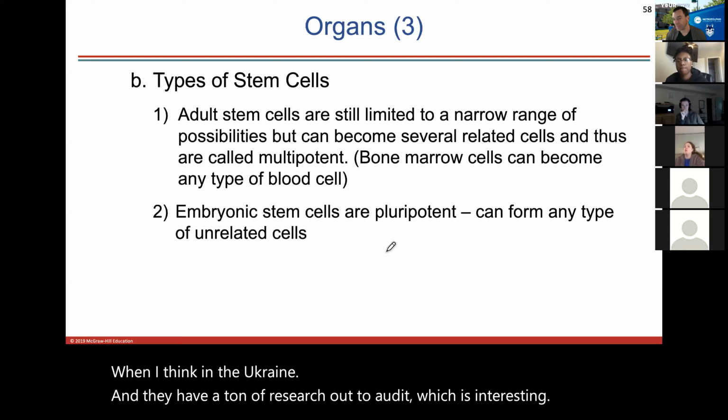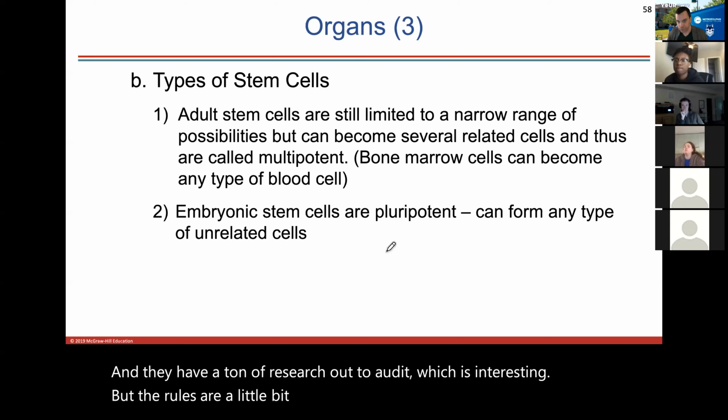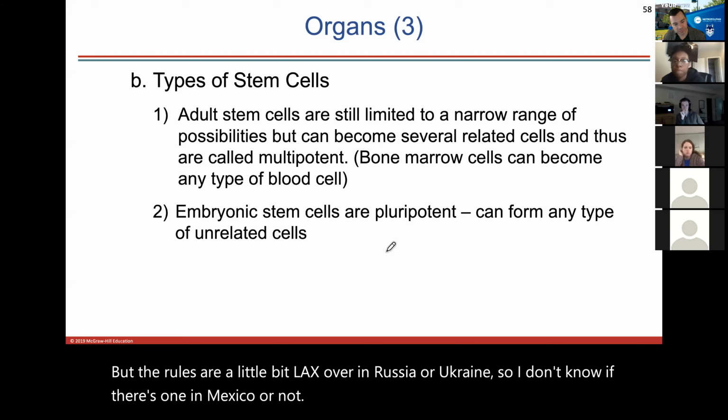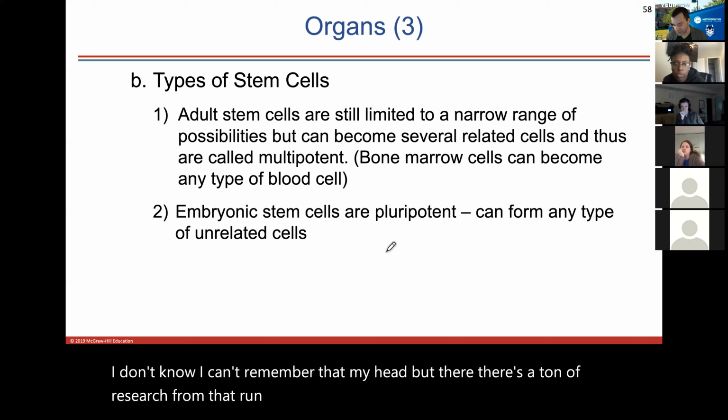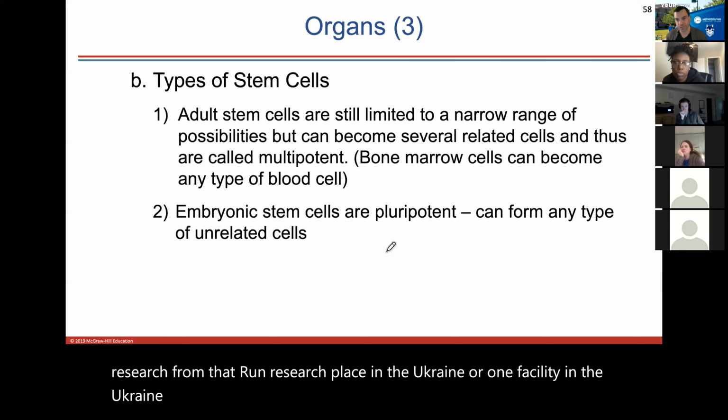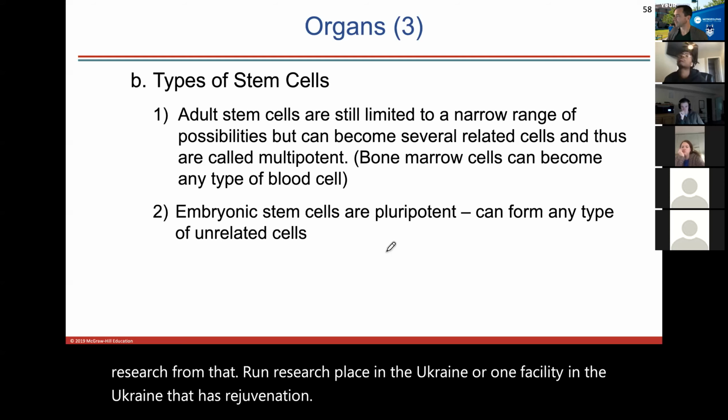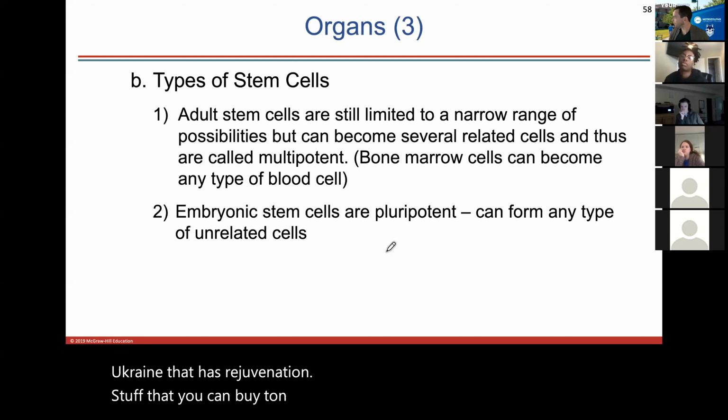But their rules are a little bit lax over in Russia or Ukraine. I don't know if there's one in Mexico or not. I can't remember off the top of my head. But there's a ton of research from that one facility in the Ukraine that has rejuvenation stuff that you can buy. A ton of Americans go over there.